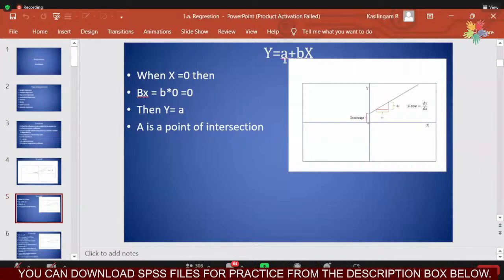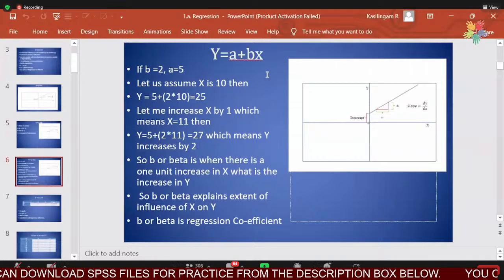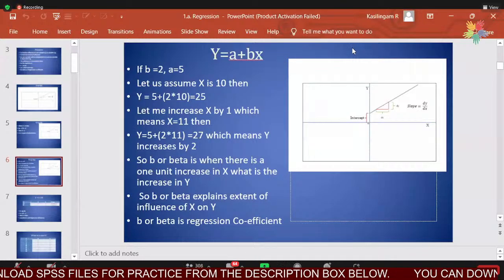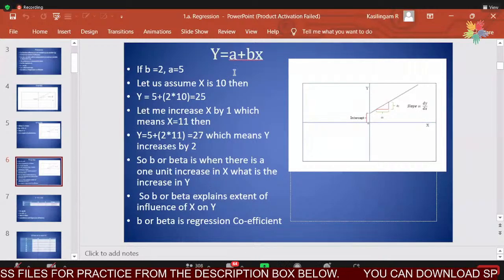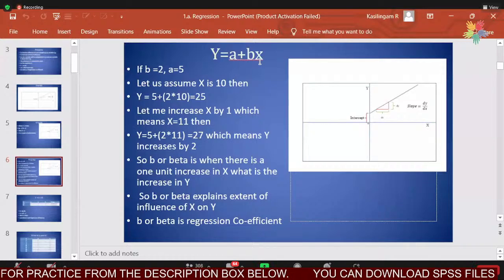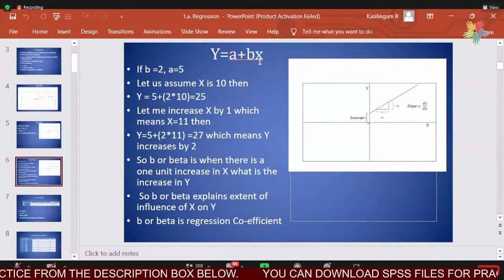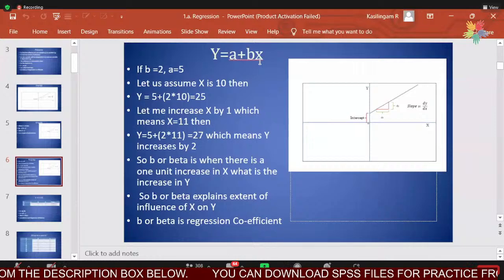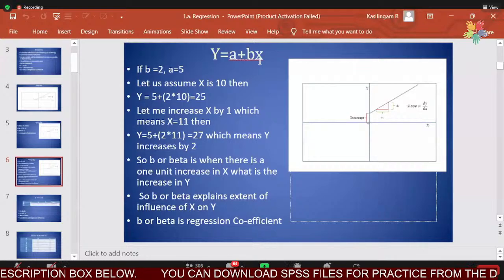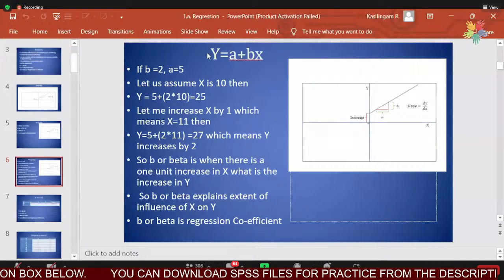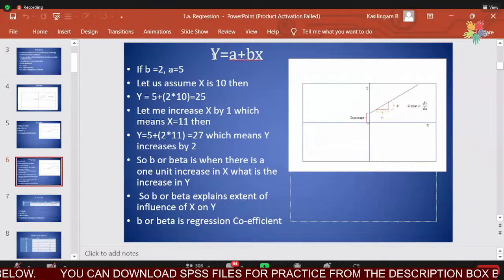Okay, so now what is b? I have already explained: beta. Beta is when there is a 1 unit increase in x, what is the unit increase in y? That is called the beta.